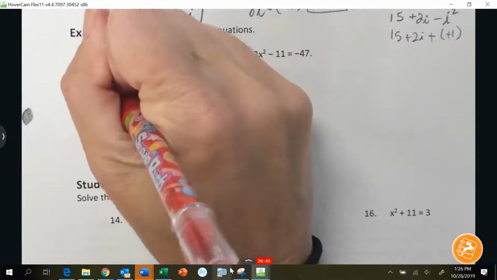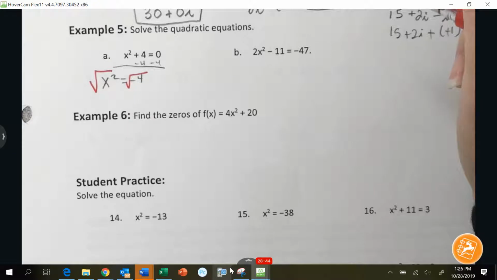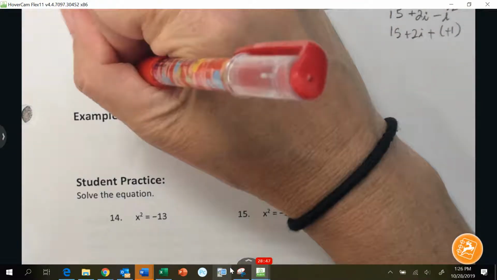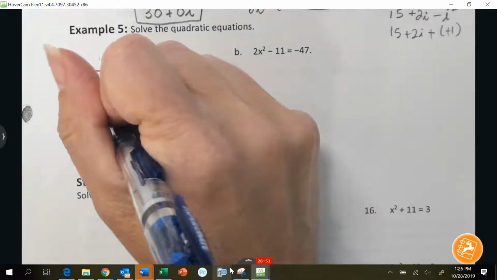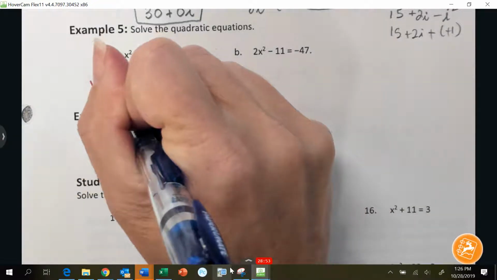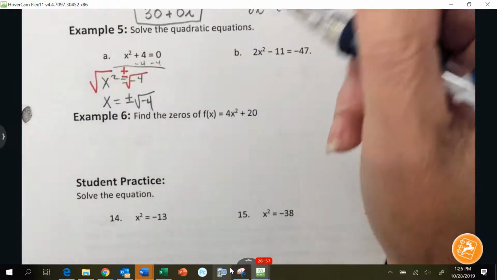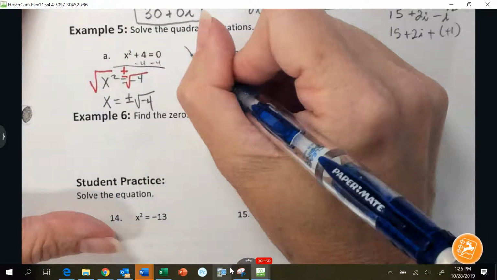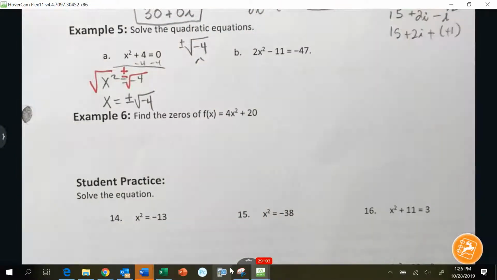When we square root, we're not going to just get one answer. You have to have a plus or a minus answer. You're always going to get 2 answers. So I have x equals plus or minus square root of negative 4. But now today, guess what? You can go further today. There's no real answer, but you can find the imaginary answers.